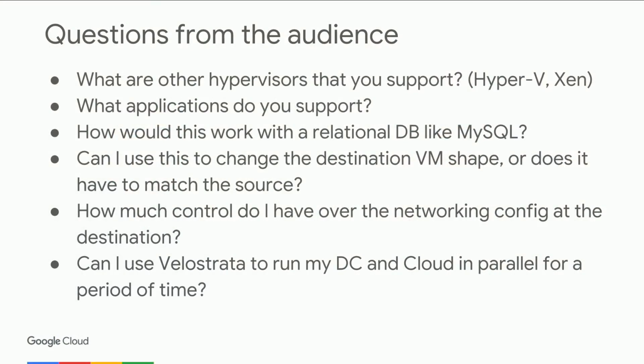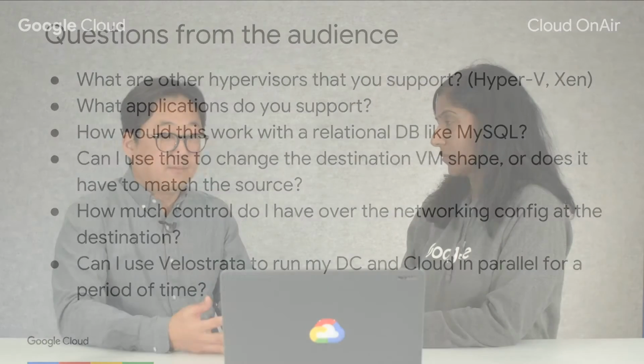Okay. Second question, what applications do we support today for cloud migration? Yeah, we move data at the block level, so we don't have any dependency on the application. It could be SAP, it could be SharePoint, it could be MySQL. It doesn't matter, as long as they're a supported operating system, x86, obviously, because we depend on VMware.